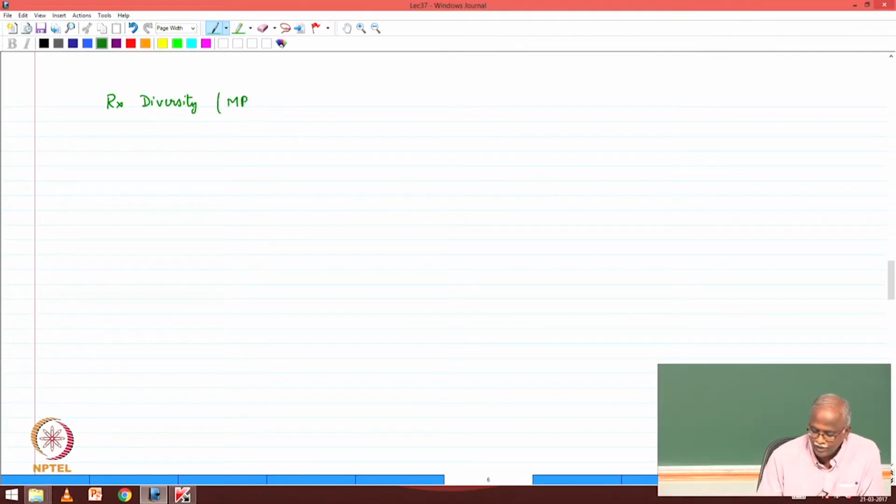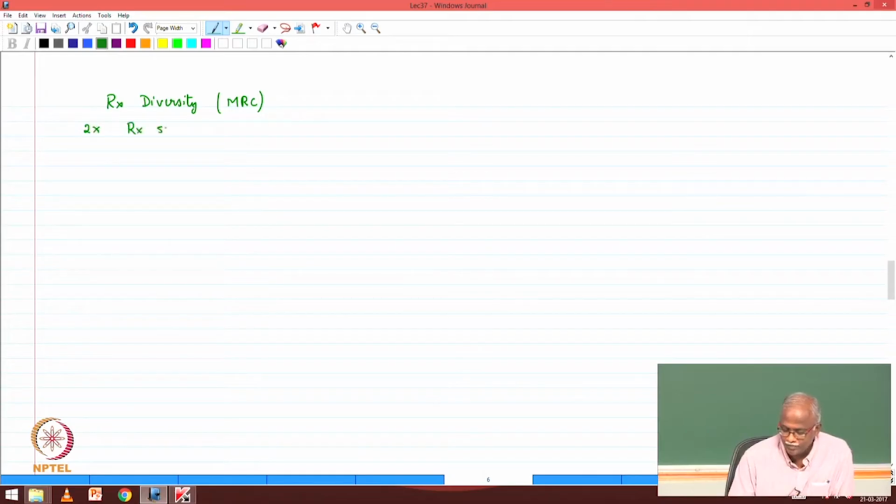Let's assume we are doing maximal ratio combining. So we have 2x Rx signals. There are two antennas, so there are 2x Rx signals. They have been combined in a co-phased manner. So therefore, when it comes to computing the signal power, I get 4x times Rx signal power.